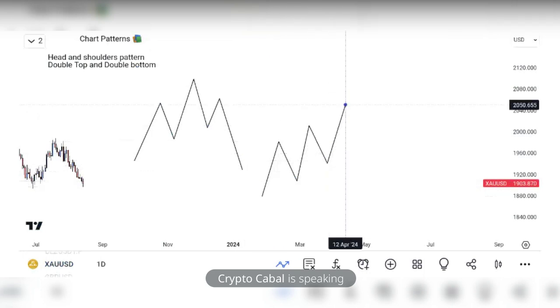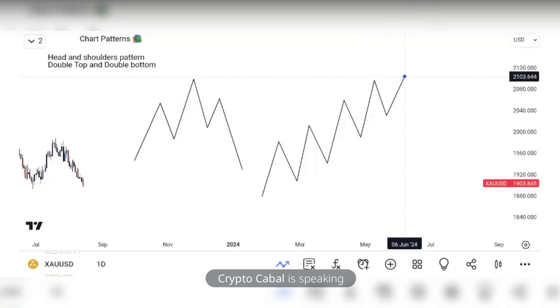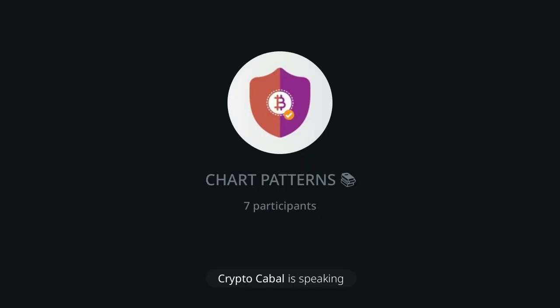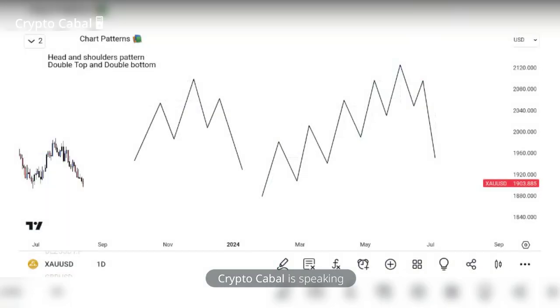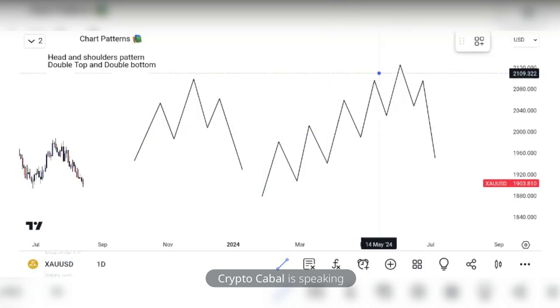Then we have the left shoulder, price comes down, creates the head, then creates something like this, a right shoulder, and we have a drop in price. You can see the explanation: it's a reversal from an uptrend to a downtrend. This is the uptrend, and from the uptrend, we proceed to a downtrend.